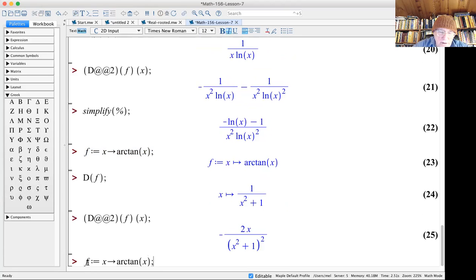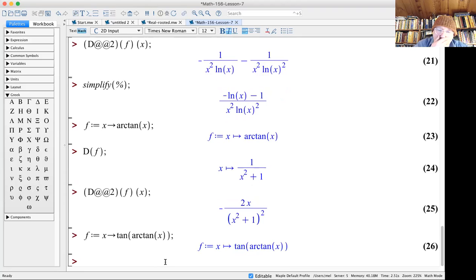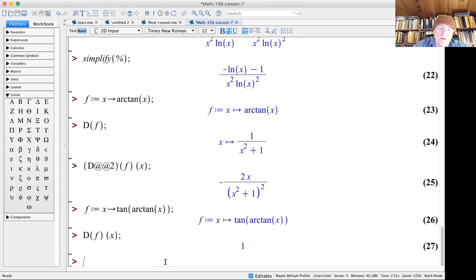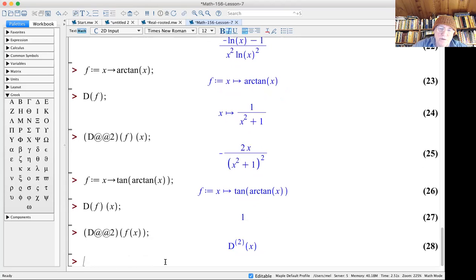And here's a sort of a simple question. Suppose we take the tangent of the arctangent of x. What's the derivative? It's 1. Why is that? And then, of course, the second derivative is the derivative of a constant, which has to be 0.